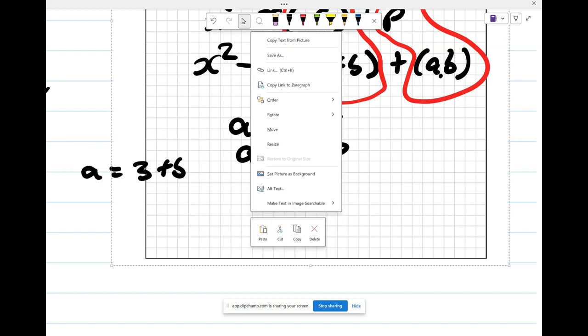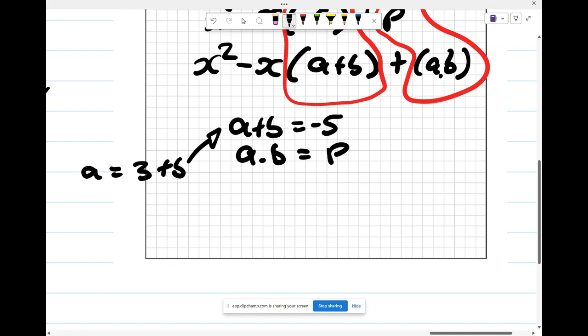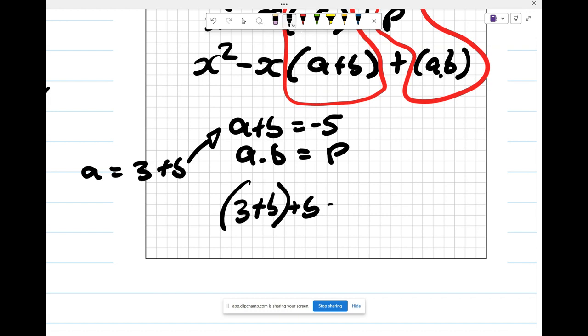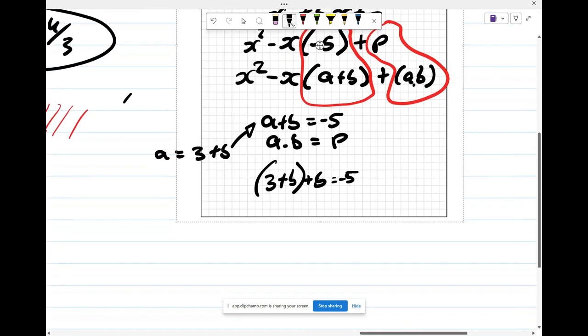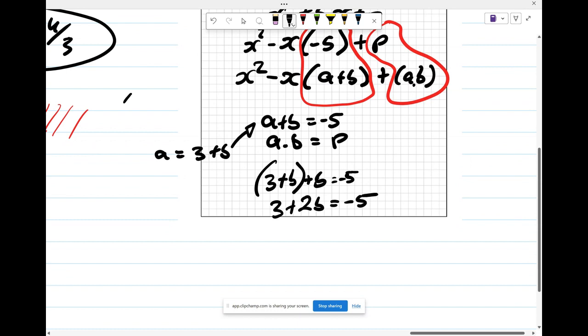If a is equal to 3 plus b, if I substitute this into here, then 3 plus b, so that's what a was, and then we're adding b, and that's going to be equal to minus 5. So then 3 plus 2b is going to be minus 5, 2b is going to be minus 5 minus 3, which is minus 8, so b is going to be minus 4.